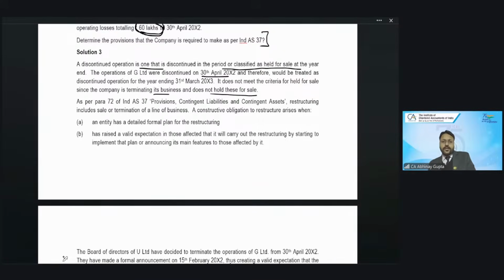As per para 72 of Ind AS 37, restructuring includes the sale or termination of a line of business. A constructive obligation to restructure arises when a detailed formal plan for the restructuring is laid out and a valid expectation has been raised in the parties affected by those restructuring plans.